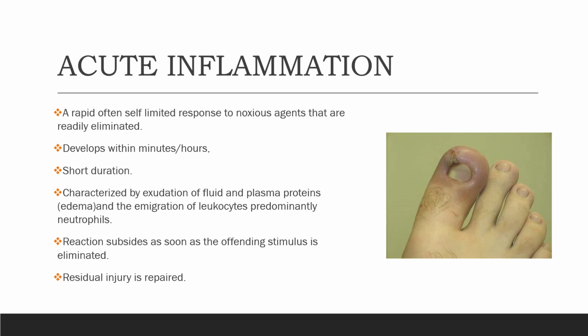This might take seconds, minutes, or hours to develop. It is of short duration and is characterized by the exudation of fluids and plasma proteins, that is edema, and the immigration of leukocytes, predominantly neutrophils. And the reaction subsides as soon as the offending stimulus is eliminated and the residual injury is repaired thereafter.